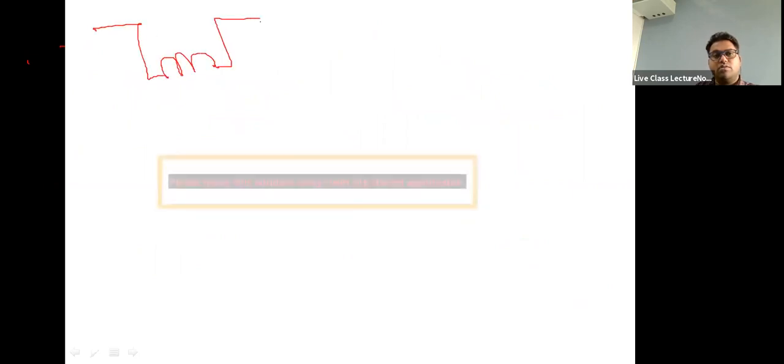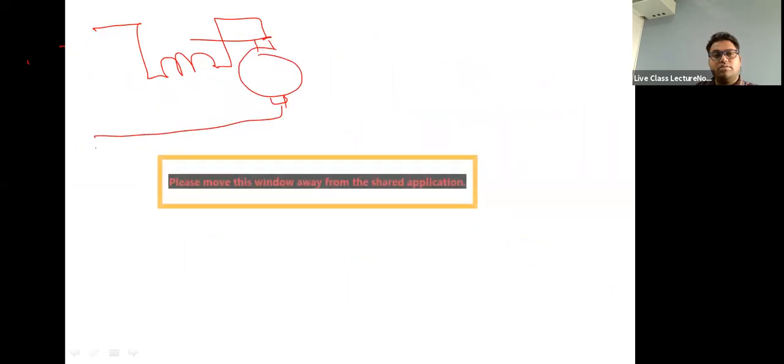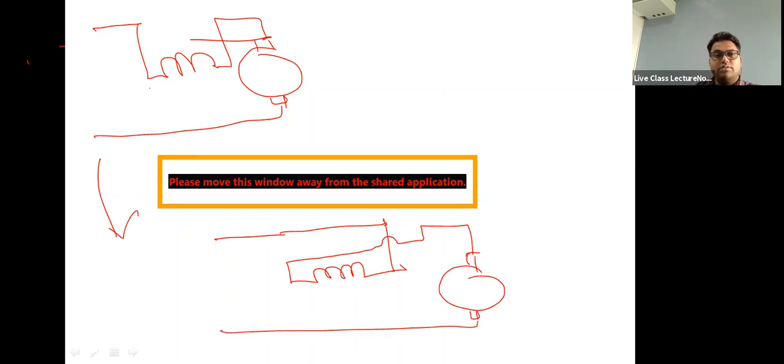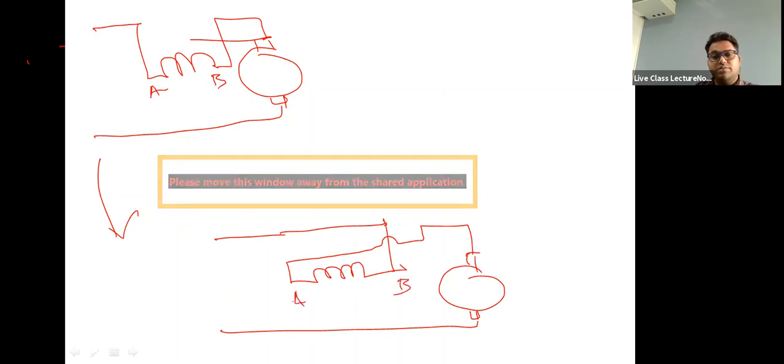You are running your motor like this. And now you connect it like this. Is it nice? Now A and B. In this way, you can just change the connections.